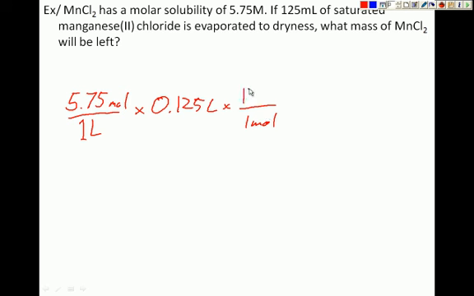So 128.9 grams is the molar mass of manganese 2 chloride. And if we take 5.75, multiply it by this number, and multiply it again by this number, we should get approximately 90.5 grams of MnCl2.